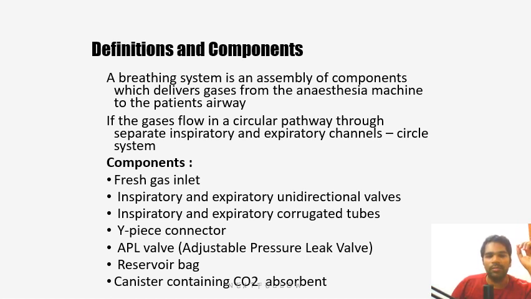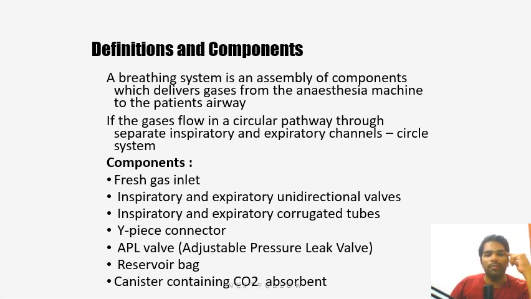It is not one thing, it is an assembly of components which delivers gases from the anesthesia machine to the patient's airway. To the patient's airway in the sense either endotracheal tube or supraglottic tube or a face mask. So this is the definition of breathing system. It is an assembly of components which delivers gases to and fro from the anesthesia machine to the patient's airway.